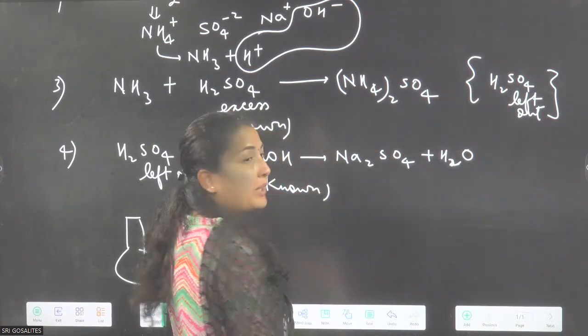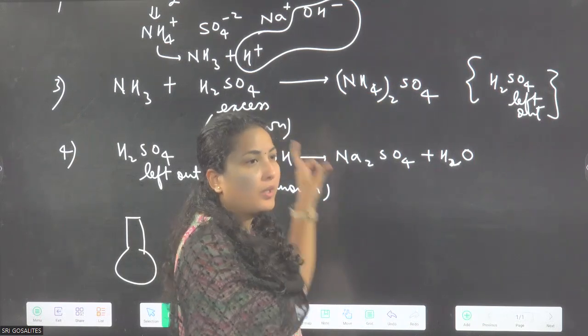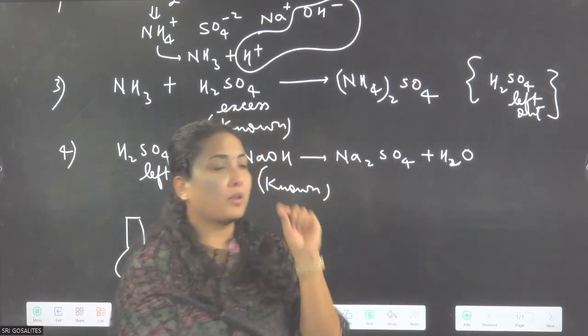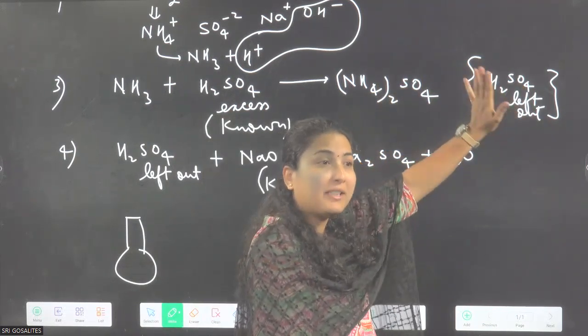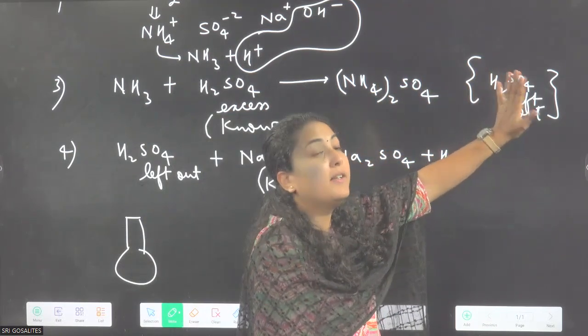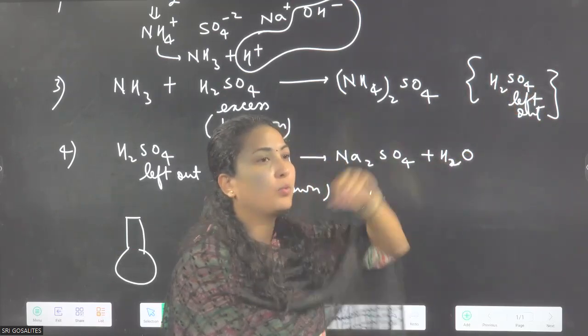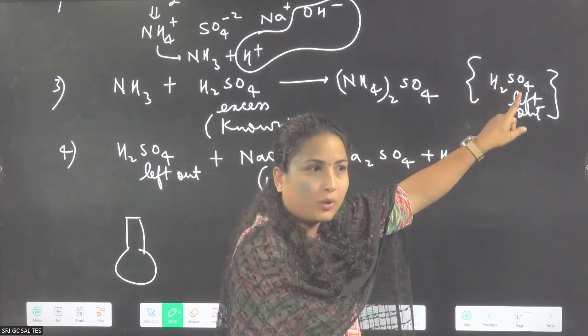And definitely when I'm taking this in excess, this is a known amount. I know the normality of it, the molarity of it. So I know the H2SO4, but there will definitely be some amount of H2SO4 left out. So I want to find out what this leftover H2SO4 is.